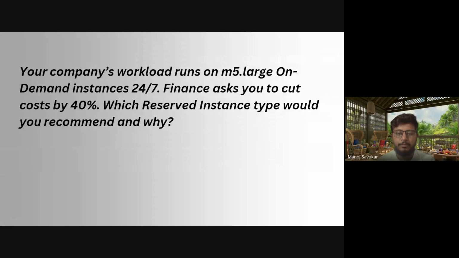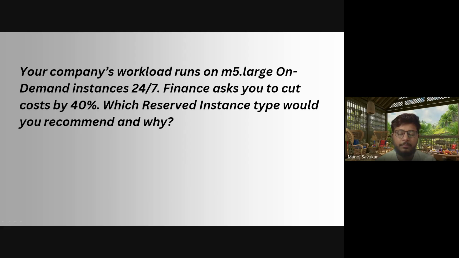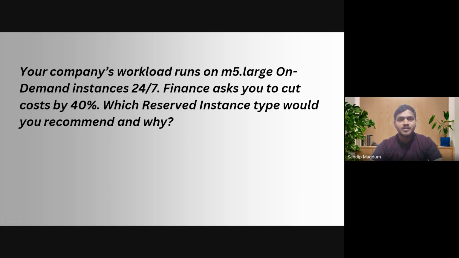AWS provides three types of reserved instances. The first is standard RI, the second is convertible RI, and the third is scheduled RI. Standard RI gives us up to 70% savings versus on-demand, but we have a lock-in to a specific instance family or region.